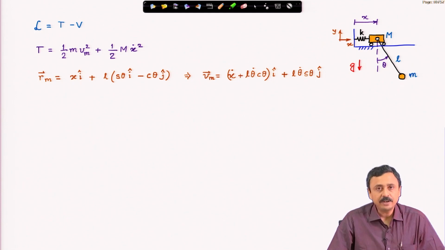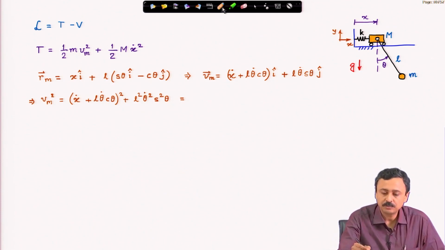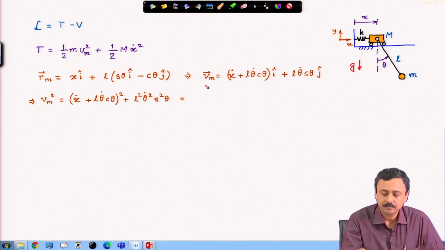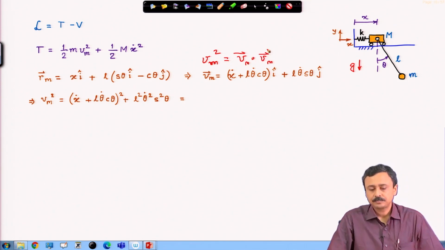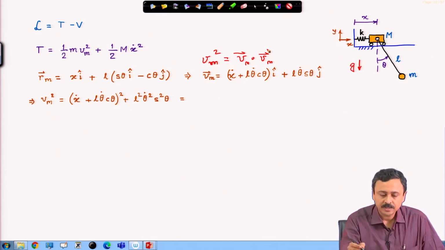I can time differentiate this position vector and find the velocity of the bob, and velocity squared is nothing but V_m dot V_m, the vector dot product.